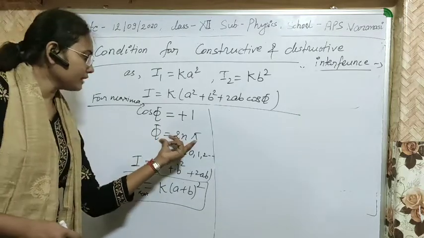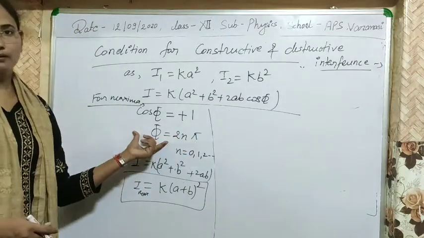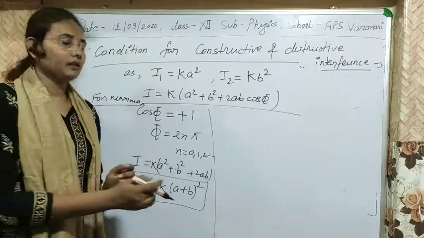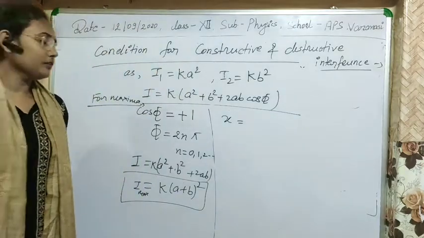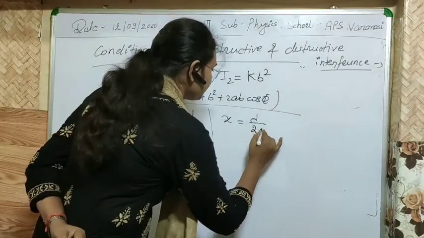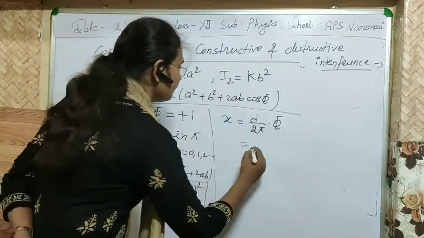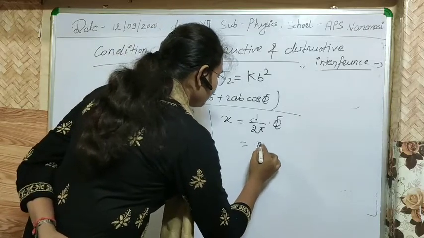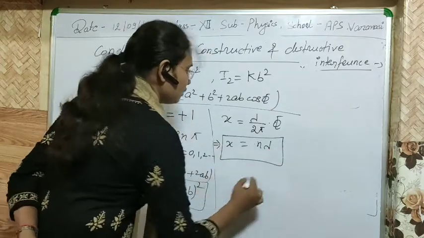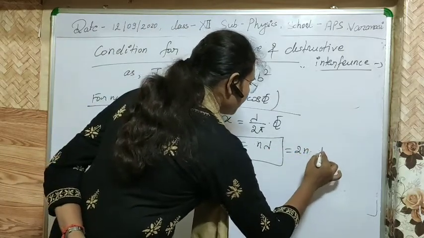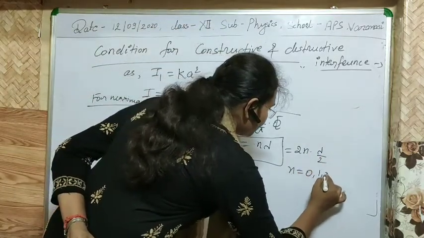which is the phase difference between the waves, and you can also write the path difference from here. As you know that the relation between phase difference and path difference is x equal to lambda upon 2 pi into phi. So put the value of phi here, 2n pi, you will get n lambda, or we can also write it 2n into lambda by 2, where the value of n is 0, 1, 2 and so on.